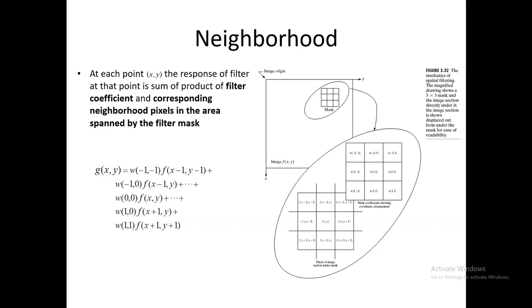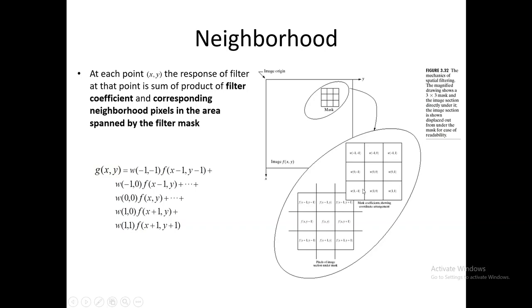We can see the filter mask w is aligned over f(x,y), and we move the filter mask over f(x,y) and find the corresponding sum of products. w(-1,-1) is multiplied with f(x-1, y-1), w(-1,0) is multiplied with f(x-1, y), and finally w(1,1) is multiplied with f(x+1, y+1).